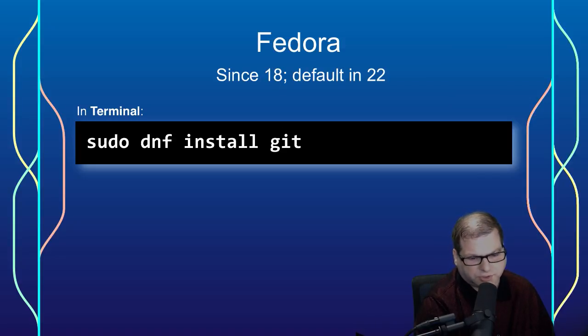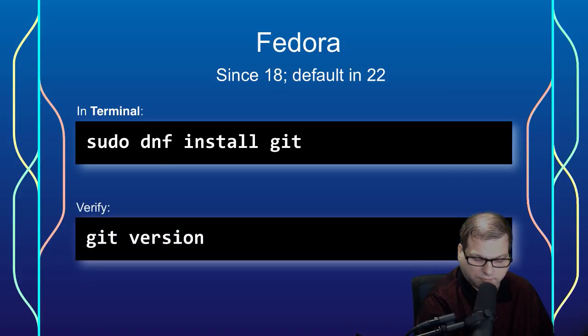Sudo, potentially, or logged in as root, then dnf install git. Basically, all the package managers have the same way of installing Git. And of course, you'll need to verify with git version.